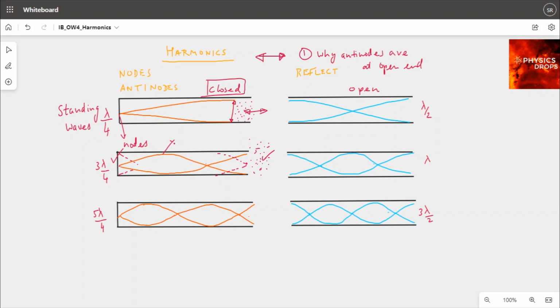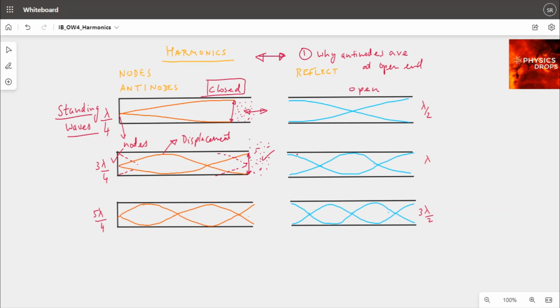Now this chart that is already there is called a displacement plot. So the displacement is maximum here and the pressure is minimum here. That's why the antinodes are getting formed here. And we know only for specific formations or specific frequencies we get these standing waves which create the harmonics.